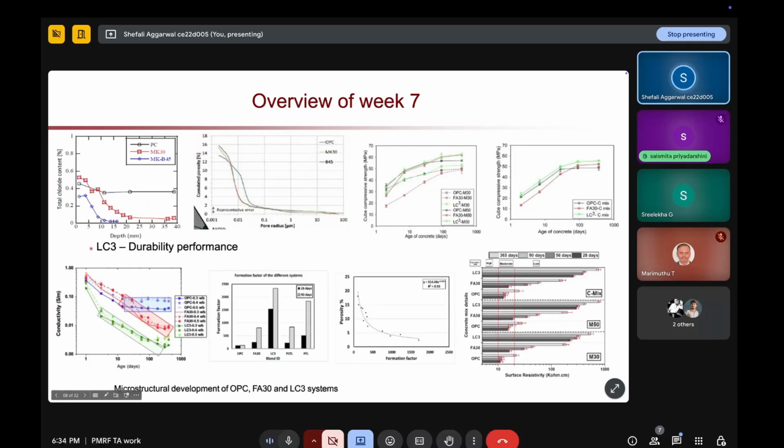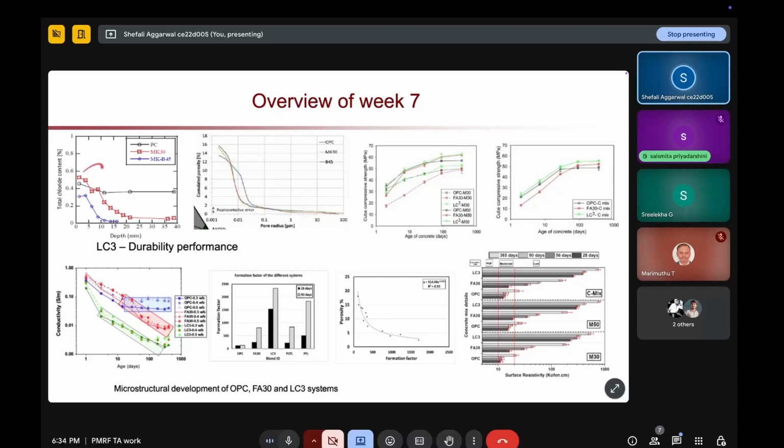Other things, these are the physical or mechanical properties. If we talk about durability performance, first is PC, other is metakaolin, other is LC3, meaning metakaolin plus limestone. In that case, our chloride content value is decreasing with depth.